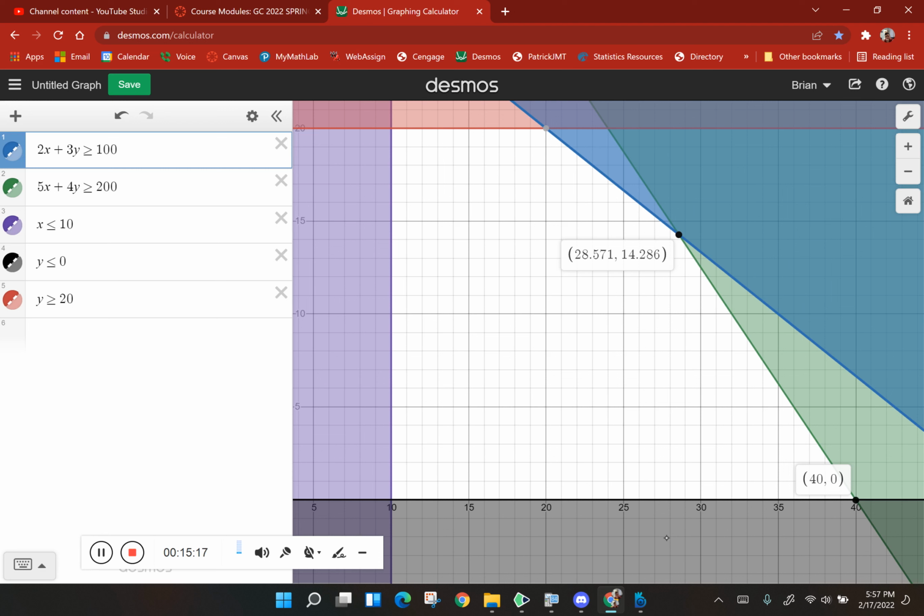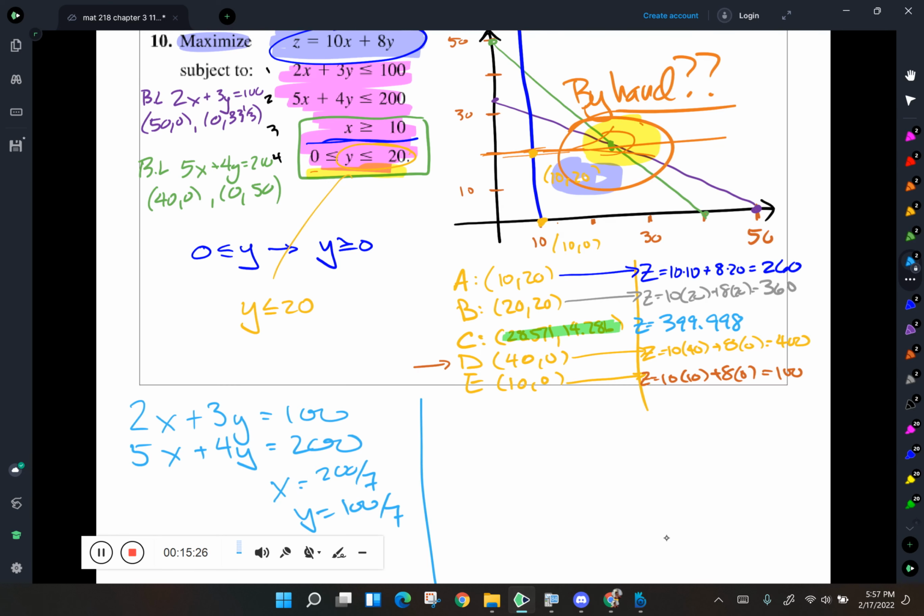That green edge is the boundary line, 5x plus 4y equals 200. So if I come back over here, my final solution is that we are maximized at z equals 400 anywhere on that boundary line.